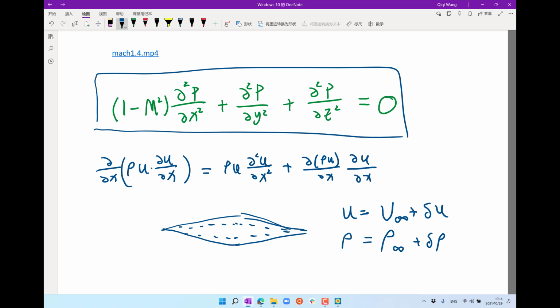But when Mach number exceeds 1, one of these derivatives suddenly switches sign. In mathematics, the property of the partial differential equation changes suddenly. It's now called a hyperbolic partial differential equation. And in the middle, you have parabolic. That's when this second derivative vanishes and you have a first derivative somewhere, right?